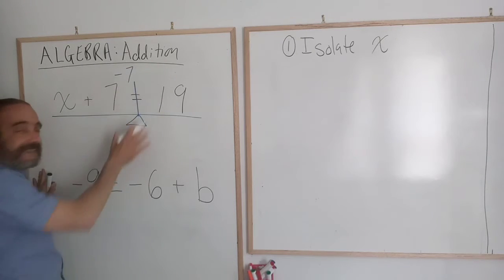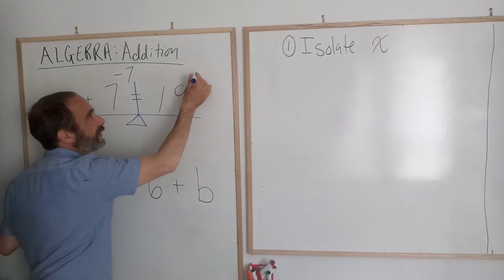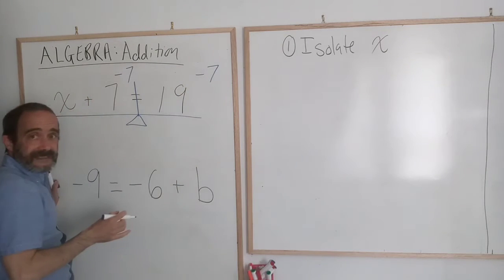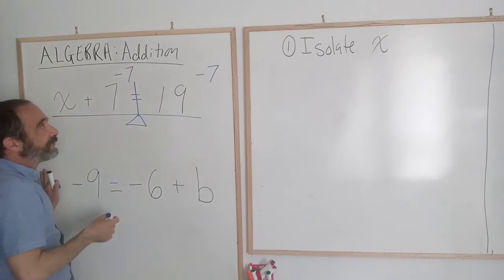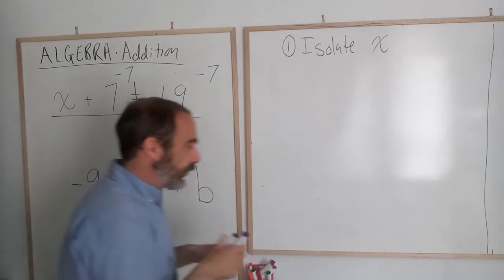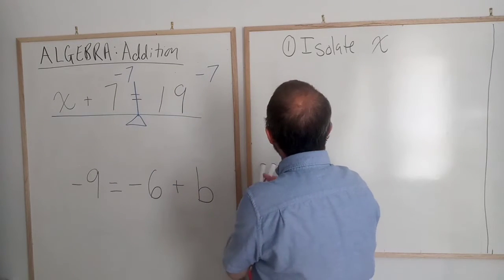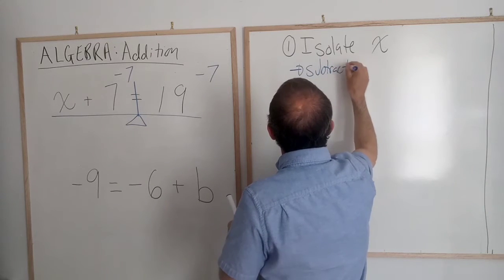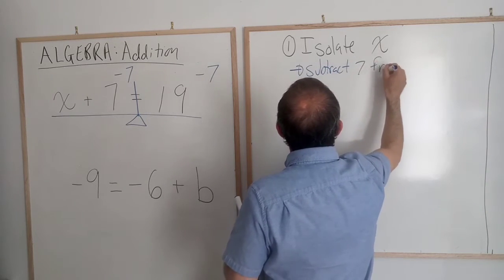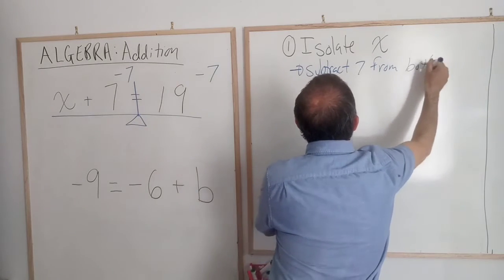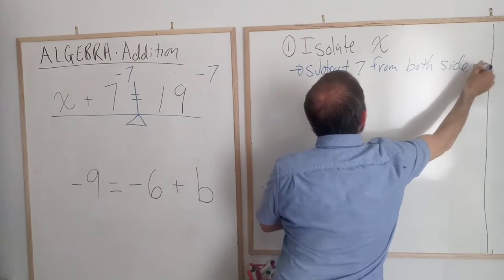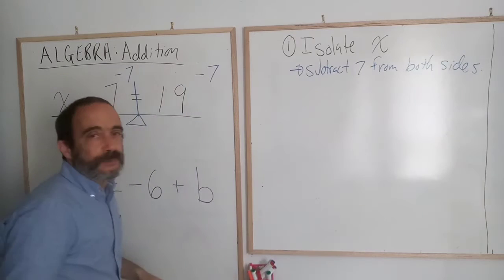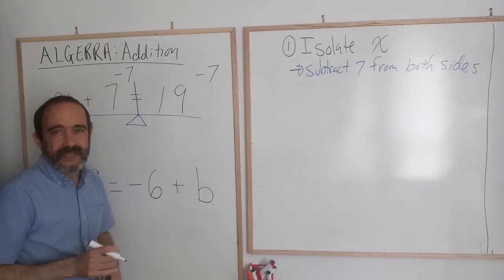If we're subtracting 7 from this side, we also must subtract 7 from that side. Different questions are different, but in this case, we ended up subtracting 7 from both sides.